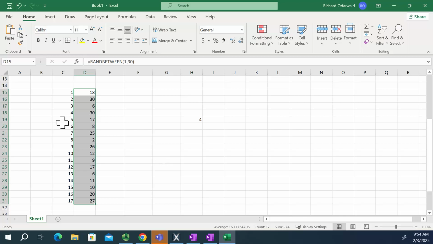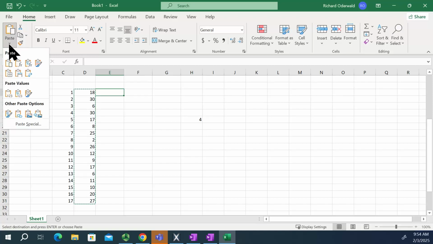Mark the numbers and copy them. Come over one, and we're going to paste them, but we're going to paste special. And if you go down here, we get a paste values.